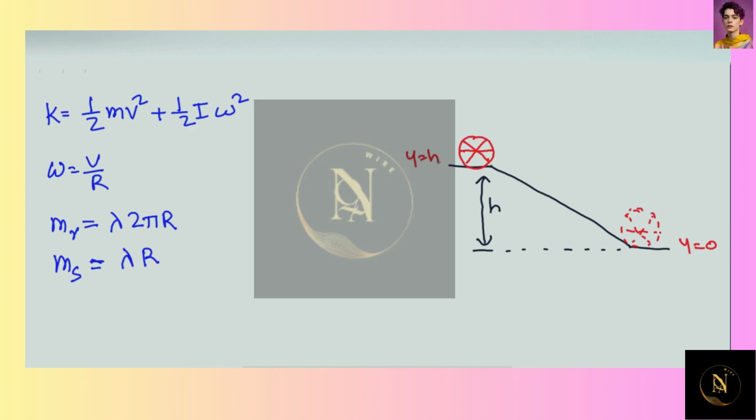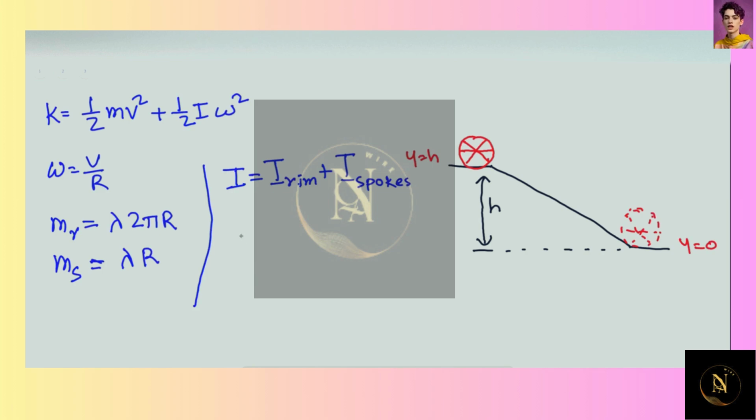So what we can do here is calculate the moment of inertia. The total moment of inertia should be the moment of inertia of the rim plus I of the spokes.